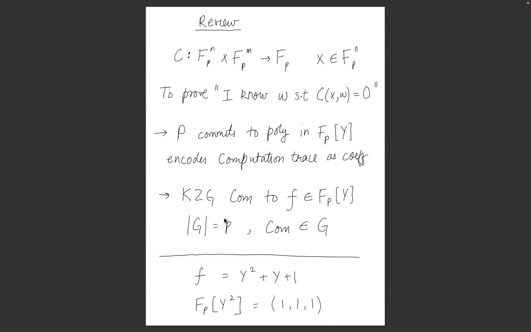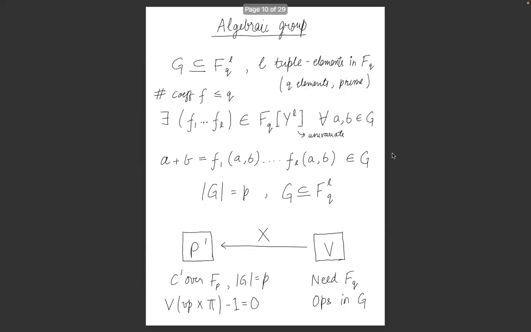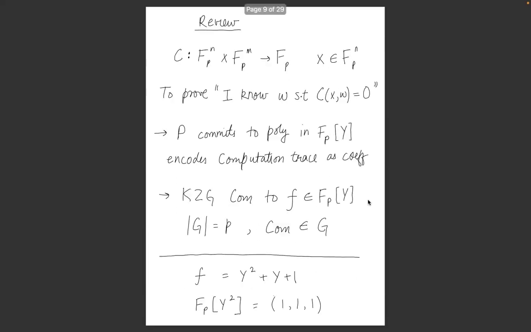The order of this group is p, and whatever computations the prover does, it always does arithmetic in this group, so it will do some addition and multiplication in this group.